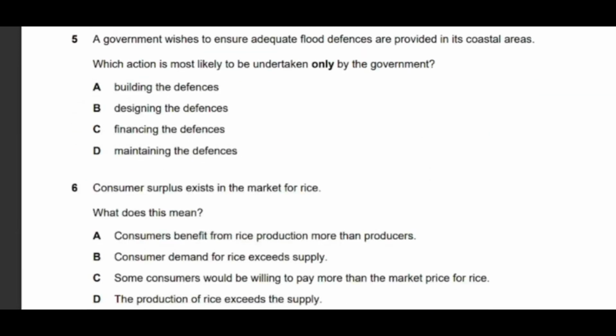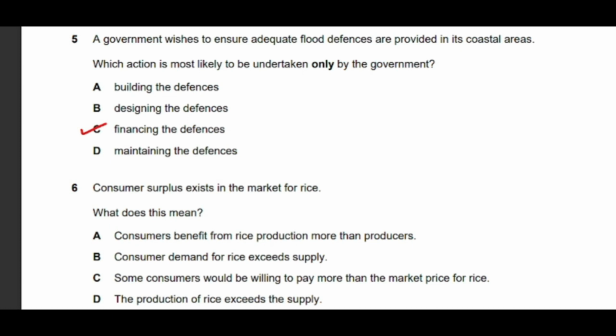Question number 5 says, a government wishes to ensure adequate flood defenses are provided in its coastal areas. Which action is most likely to be undertaken only by the government? So option C is the correct answer, financing the defenses. Since defense is a public good, the government has to finance it.